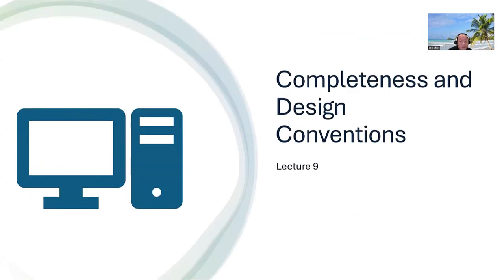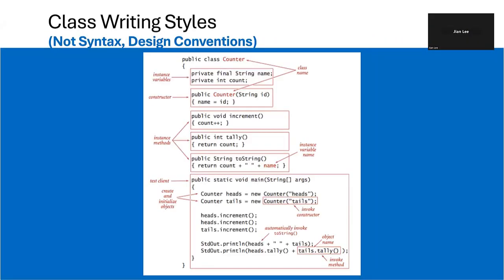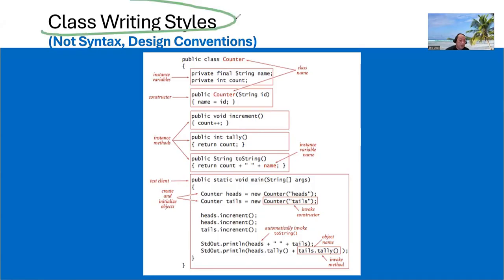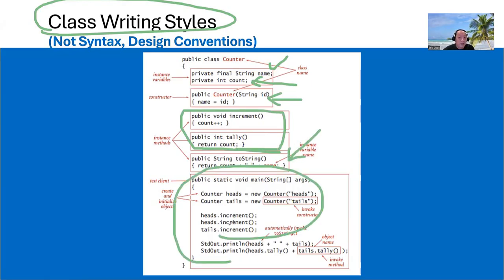Any questions so far? No. And then this one is a complete class writing style you need to follow. Usually put your constants on top, then instance variables, then constructor, then setter and mutator, then your toString function, and then your main program or other static functions. This is just a guideline.